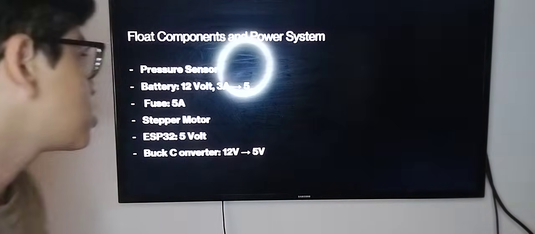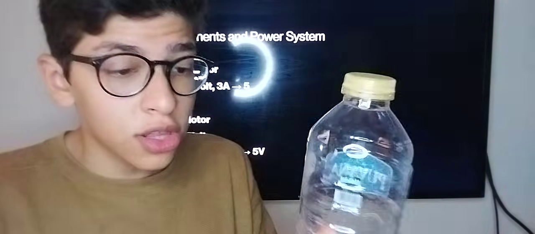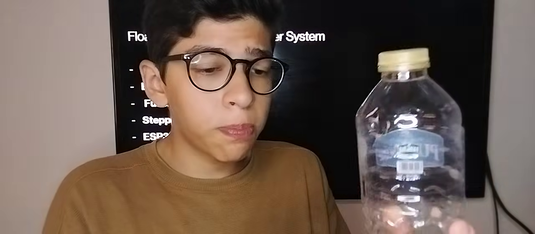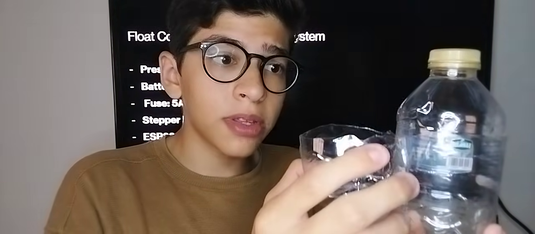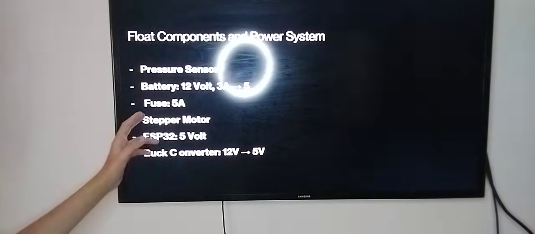There is a pressure sensor and there is a motor. The motor grabs this and pulls it up, and the float sinks. If the motor pushes this down like this, the float rises up. This is the float. So let's go to the second thing.